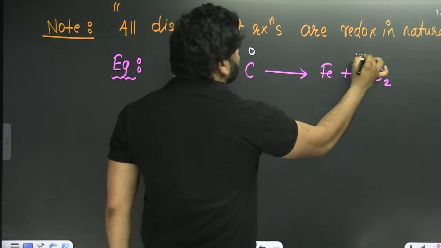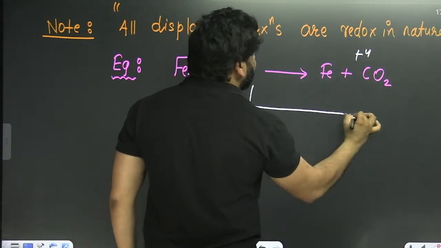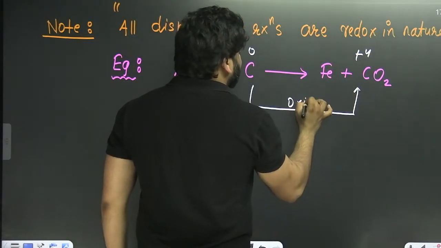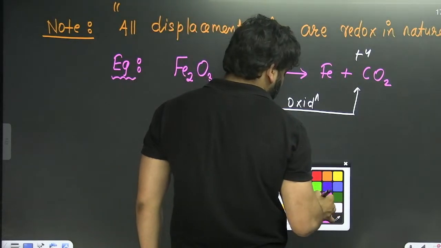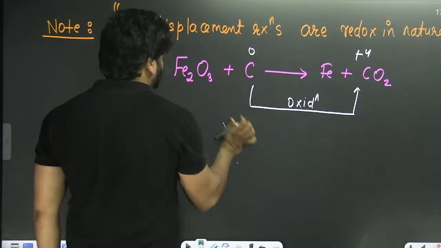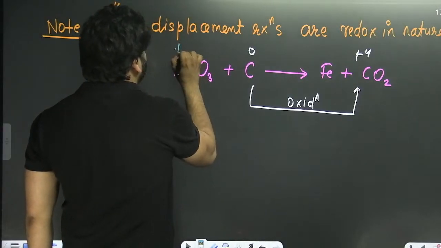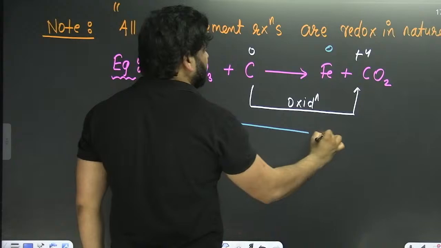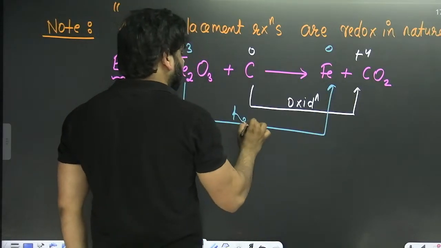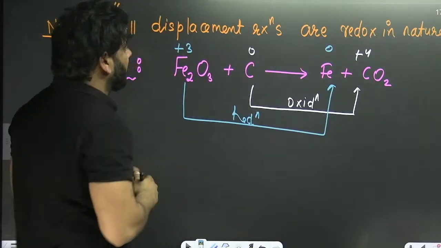Carbon from 0 has reached positive 4. That means carbon is undergoing oxidation. But on the other end, we have positive 3 oxidation state which is going to 0. So this process is actually reduction. And the overall reaction is redox.